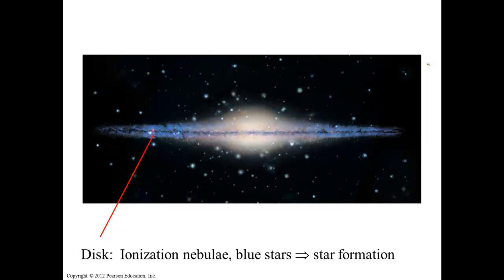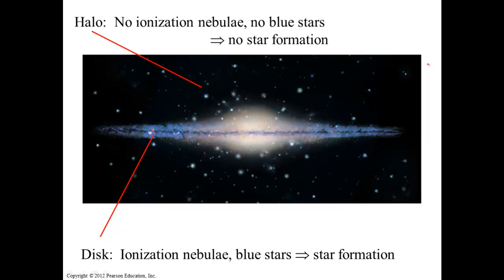If you're ready to retire, or on the other side of having your children, where you want to be is in the halo region. The halo region has older stars, no new stars are being born, no whippersnappers to cross your yard. Here in the disk region is where you still have activity with regard to stars being born.